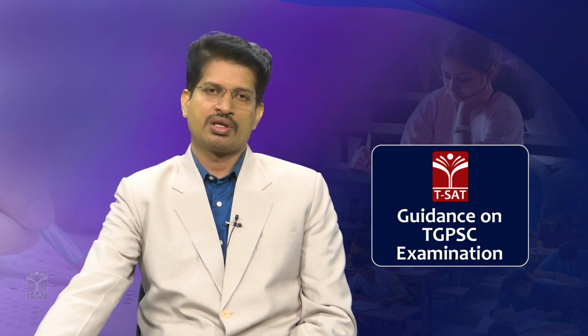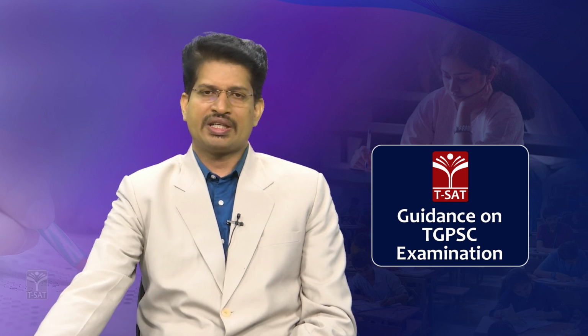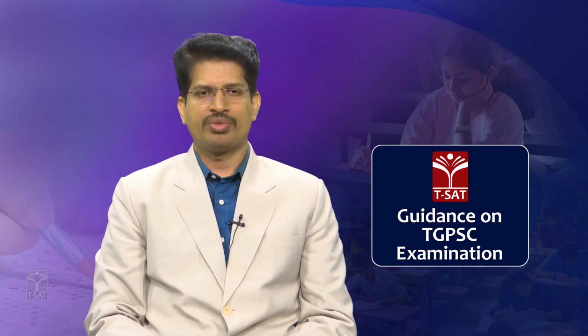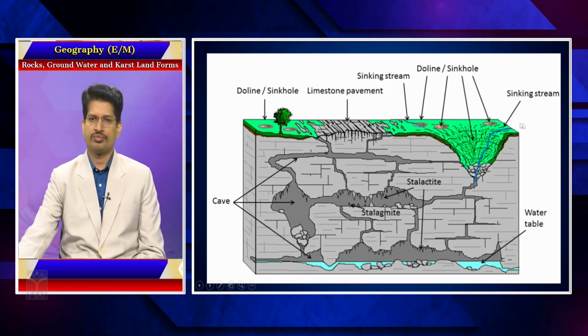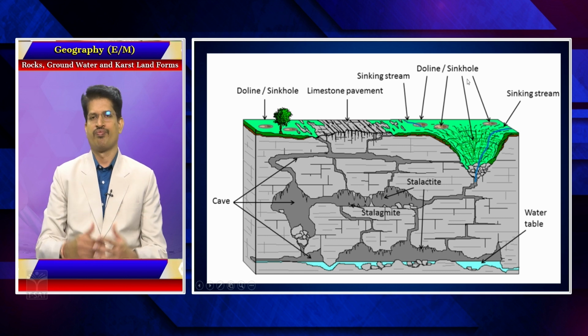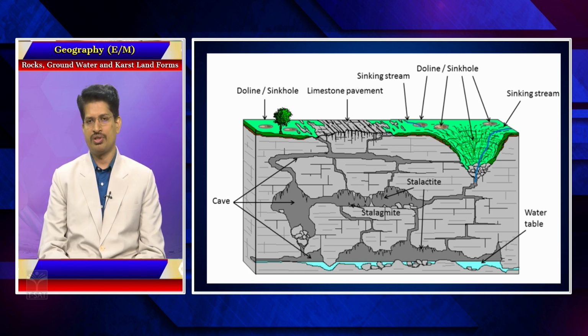So, what are the different kinds of features being formed because of karst topography? The different kinds of features which are formed in karst topography are, for example, the sinkhole. Sinkhole is an example; doline and sinkhole are given as synonymous, with a slash given here.